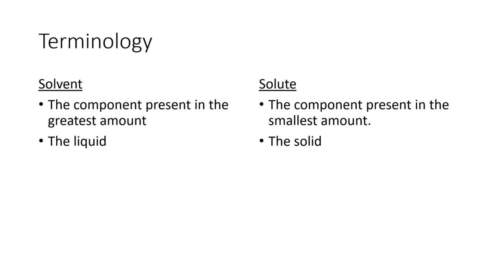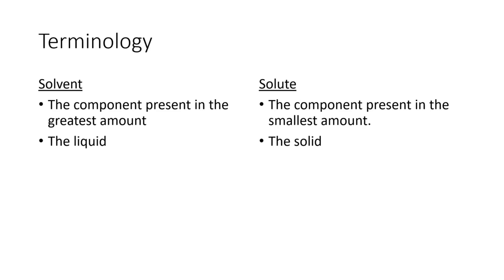Okay, let's talk about the two different things we talk about when we're talking about a solution. We have the solvent. Generally, this is the liquid when we're talking about an aqueous or a liquid solution. But in general terms, it is the component that is present in the greatest amount. What we call the solute is the component of the solution that is present in the smallest amount.